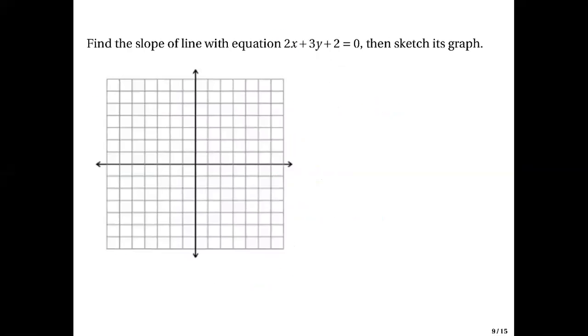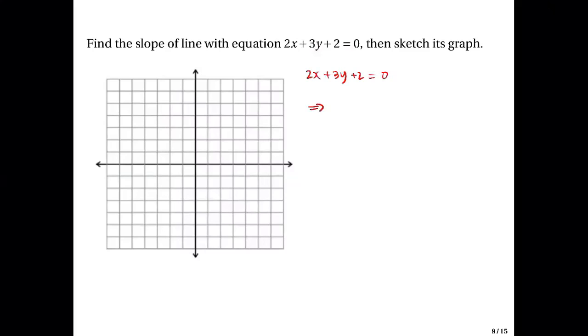Next problem here. Find the slope of the line with equation 2x plus 3y plus 2 equals 0. Then sketch its graph. So in here, we need the slope. So from this form, we write it into the slope intercept form. So you have 2x plus 3y plus 2 equals 0.